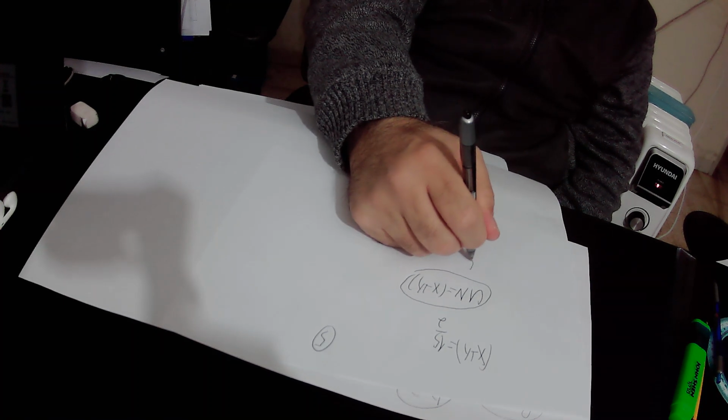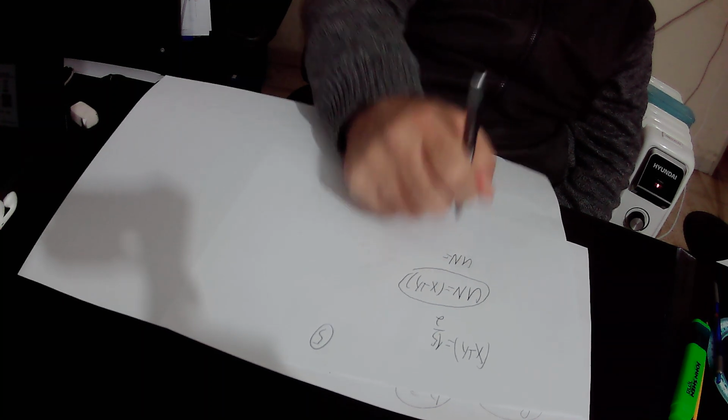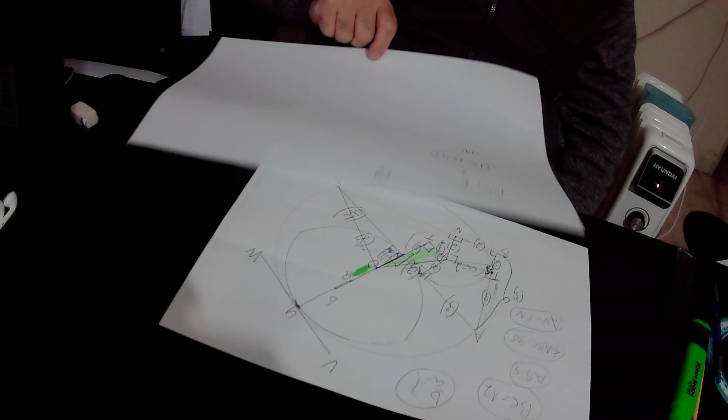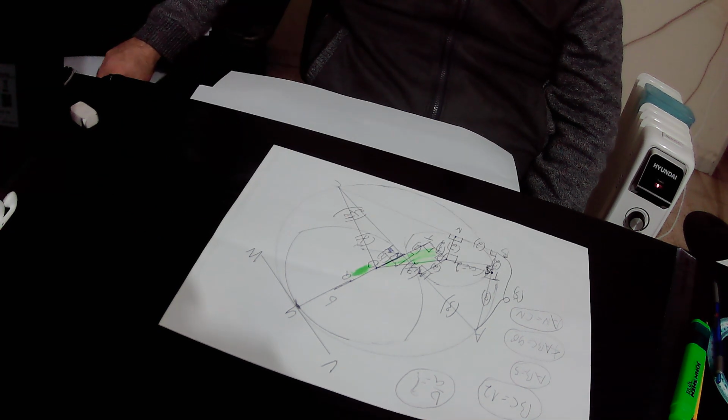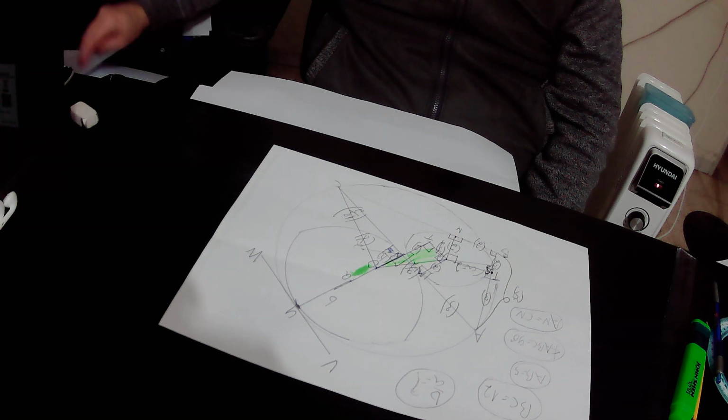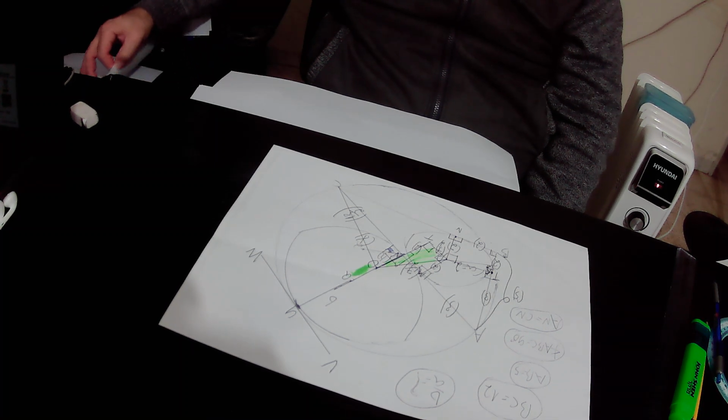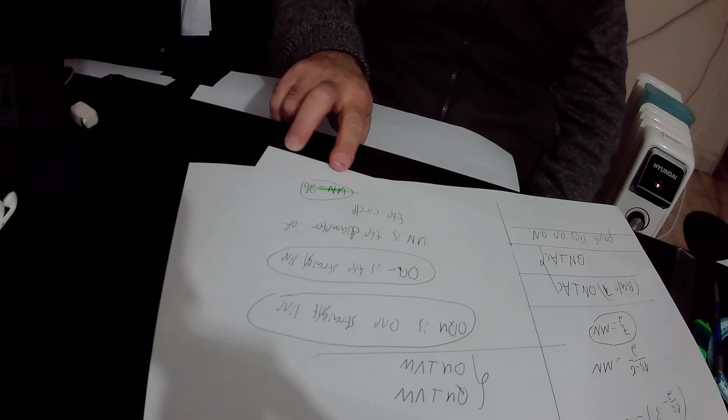From one side, but from the other side we already found out that UN, which is the hypotenuse of this circle, equals 2b.